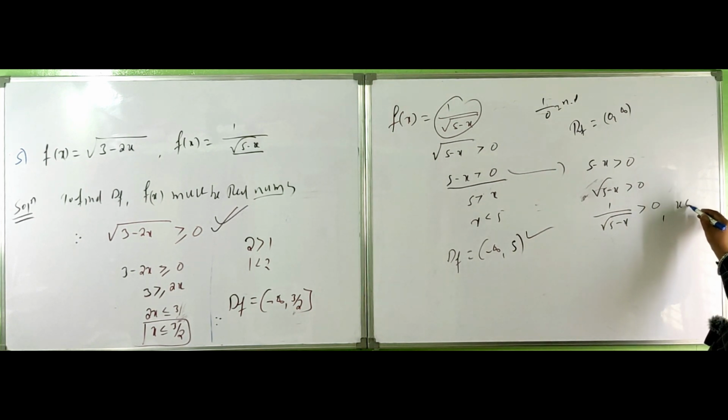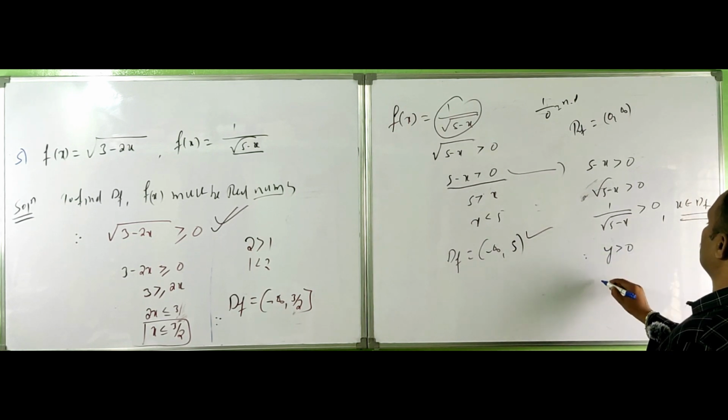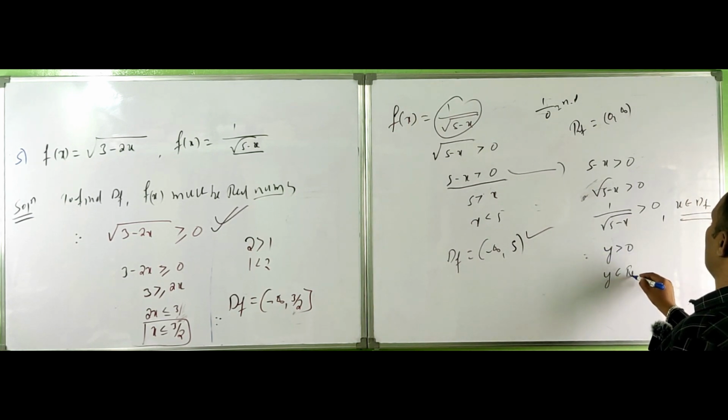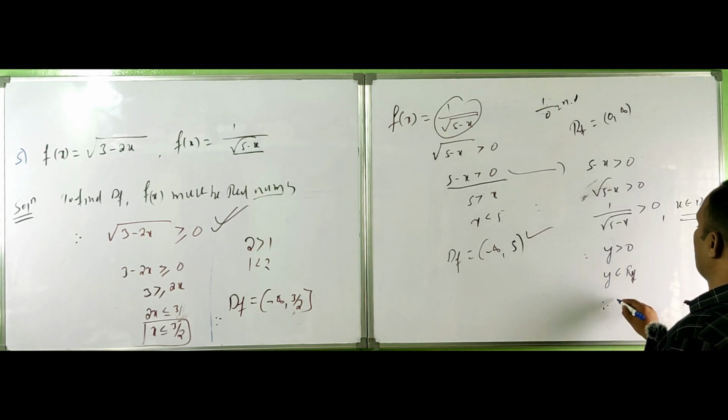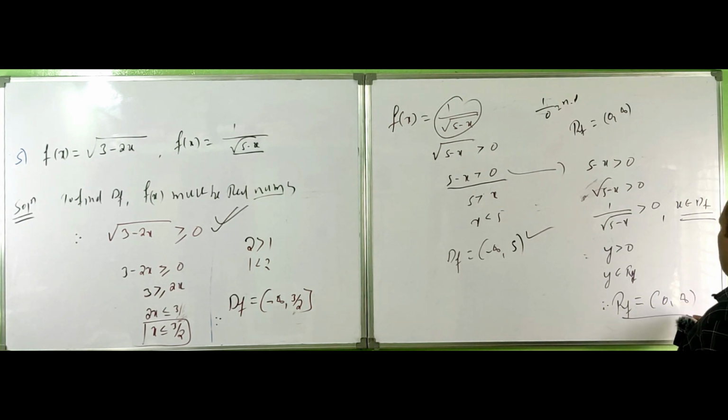For x belonging to the domain of f, you get the positive values. Therefore, y is greater than 0, so y belongs to the range of f. Therefore, range of f is equal to 0 to infinity.